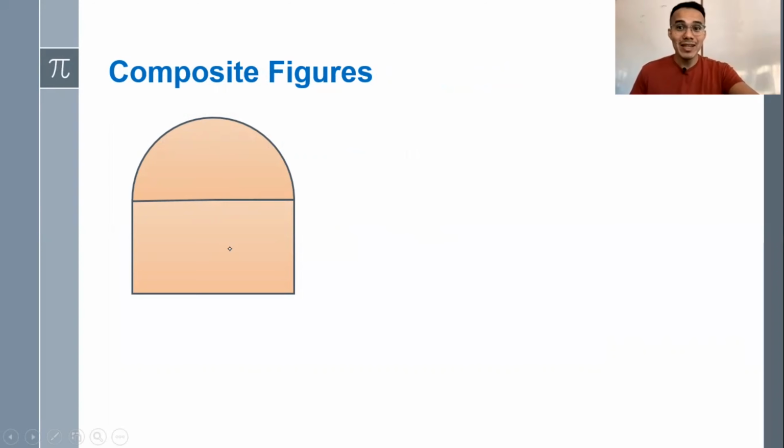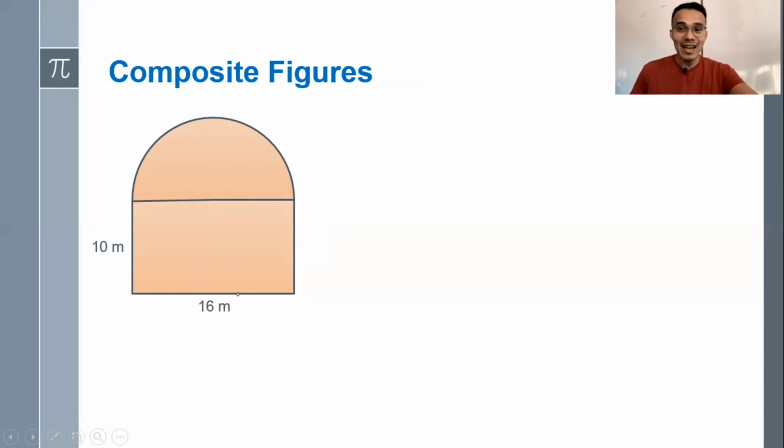By the way, grade 6, when studying composite figures, it is important to recognize what shapes this figure consists of or is composed of. Again, in this figure, we have a semicircle and a rectangle.